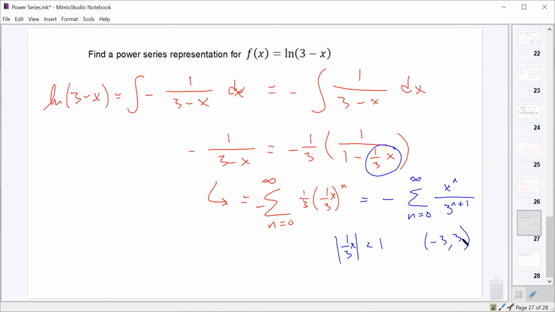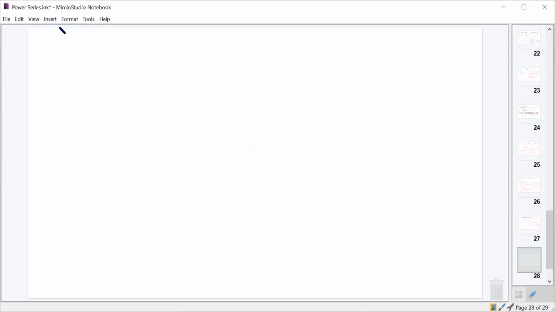So we should be able to say that the natural log of 3 minus x, which is the integral of this function that we had way down here, is, on a new page, the opposite of the integral of the sum from n equals 0 to infinity of x to the n over 3 to the n plus 1 dx.